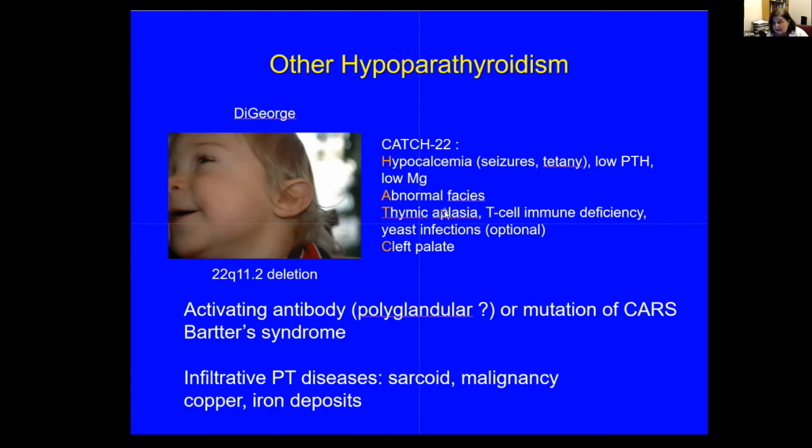They look like leprechauns. Would you remember the ear? This flipping ear, that's how you recognize, even if it comes at age 78. And it's due to a deletion in 22q11.2.